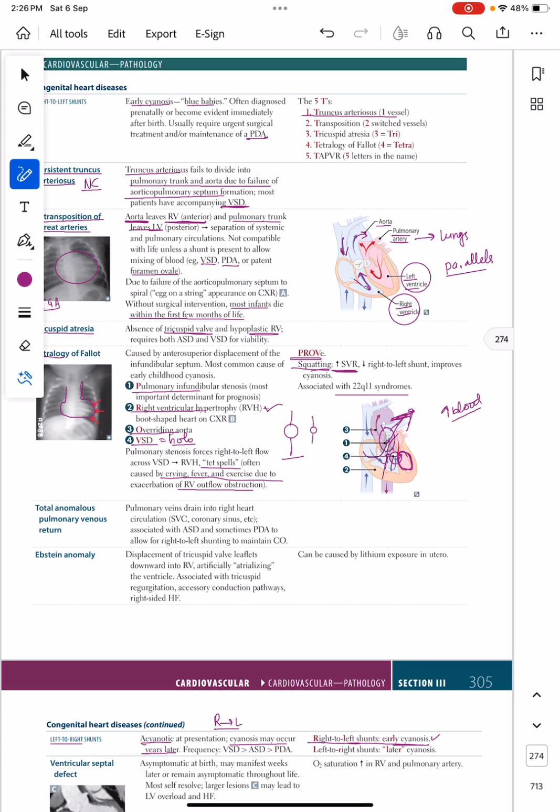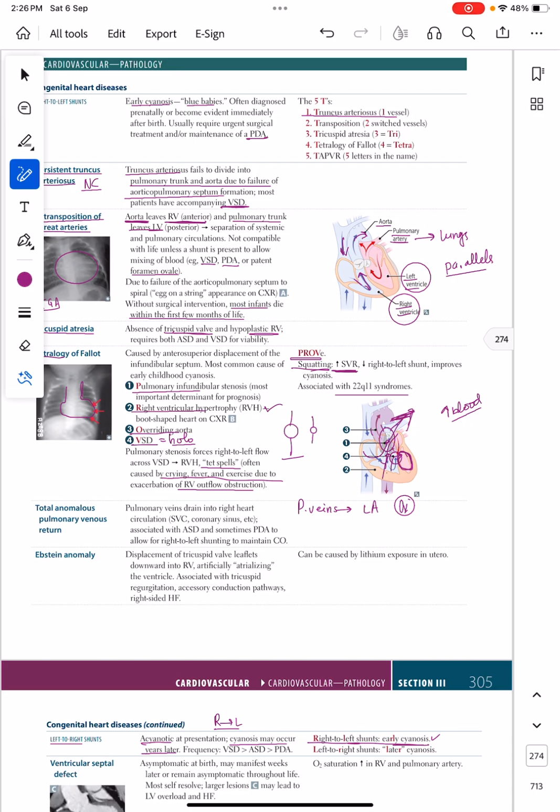So the next disease is total anomalous pulmonary venous return. Normally the pulmonary veins drain into the left atrium, but here the pulmonary veins drain into the right side. So from the lungs they go into the right atrium and then the right ventricle.